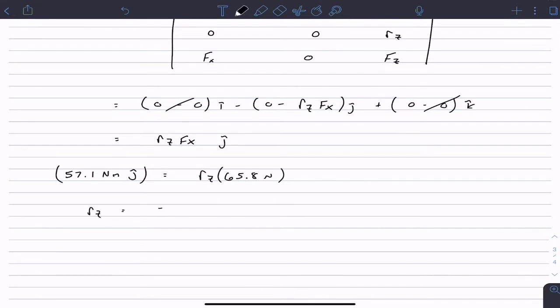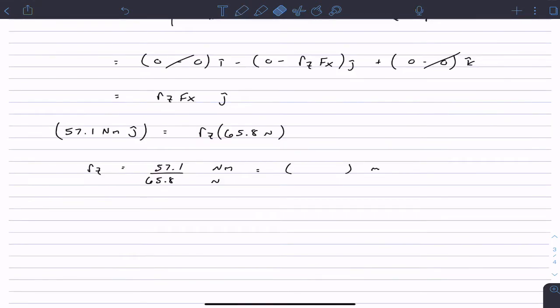So RZ is equal to 57.1 Newton meters over 65.8 newtons. Gives us some value in meters, which is 0.8677 meters in the k hat direction. Let's just call it 0.87 meters k hat.